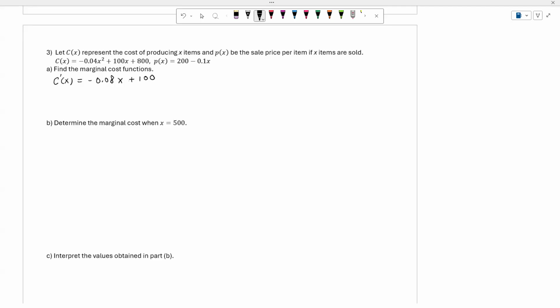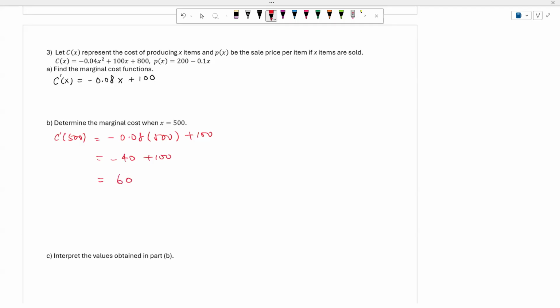Now I would like to determine the marginal cost when x equals 500. So I would like to find C prime of 500. It will be negative 0.08 times 500, plus 100. So I will have negative 40 plus 100, and the result is 60.